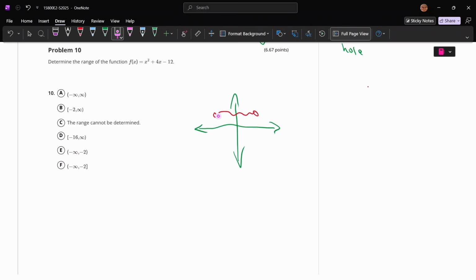So which values of x could you plug into this function and still end up somewhere on this line? So the domain would be somewhere between here and here. The range, on the other hand, pertains to the y-axis. So basically, where along the y-axis could you end up on this line? That's what we're going to be focusing on for this question.